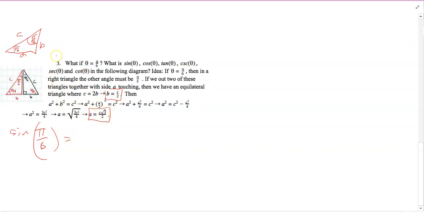So sine would be B over C. So that would be C over 2 all over C, so that would be 1/2.